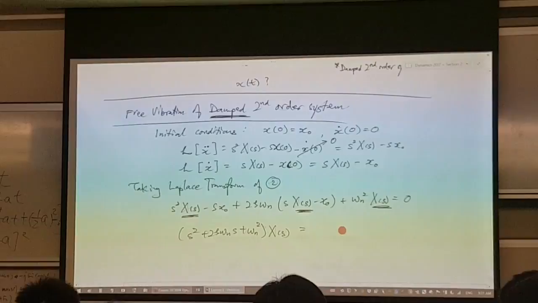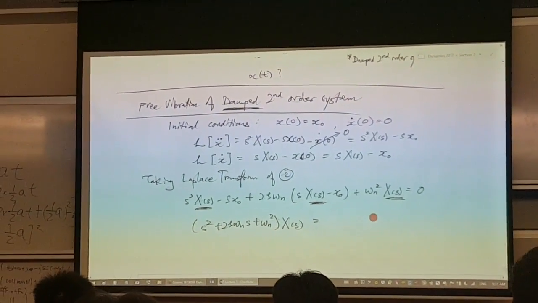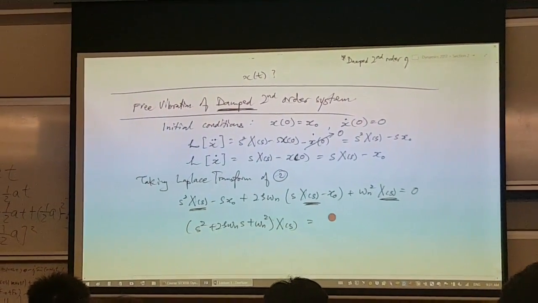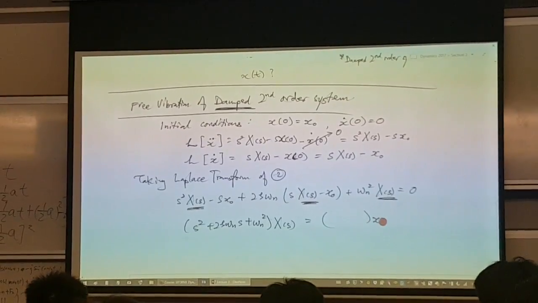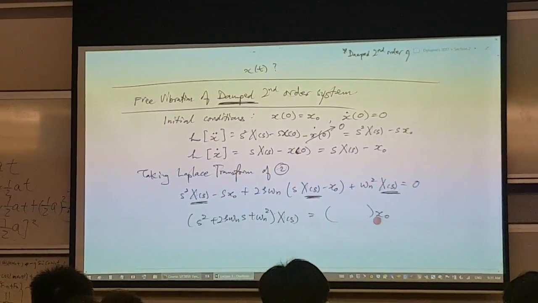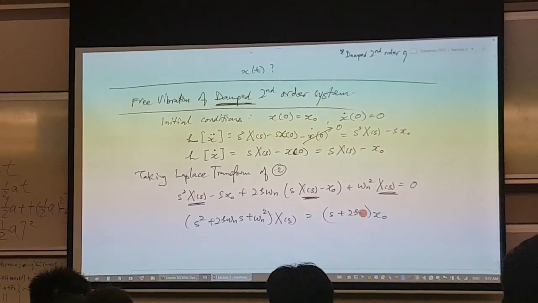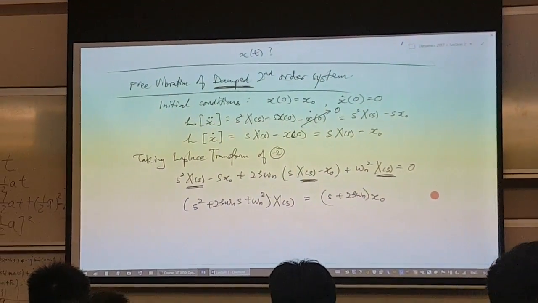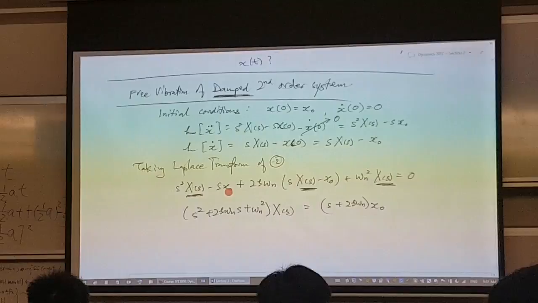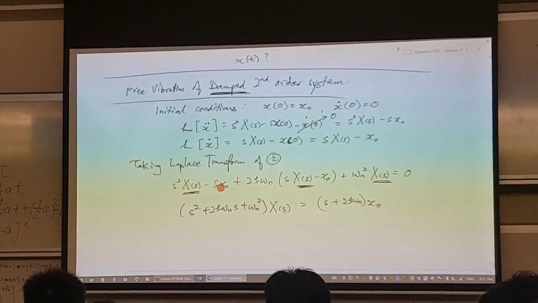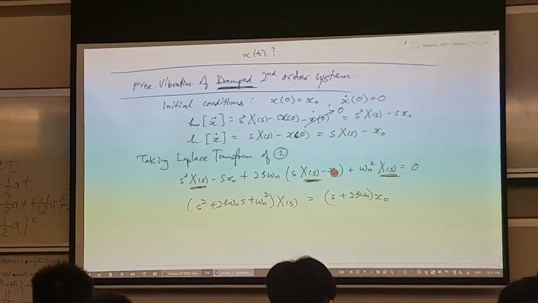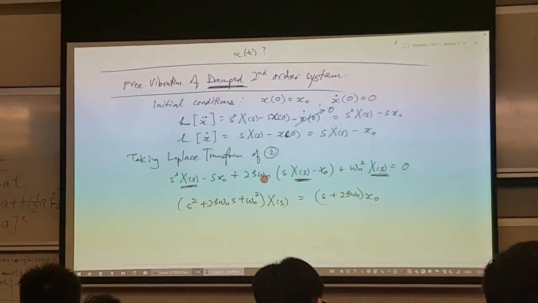And bring the rest to the right hand side, so I'll have it simplified in the following way: s plus 2 zeta omega n, that's x naught for s, and then this x naught over here, 2 zeta omega n.